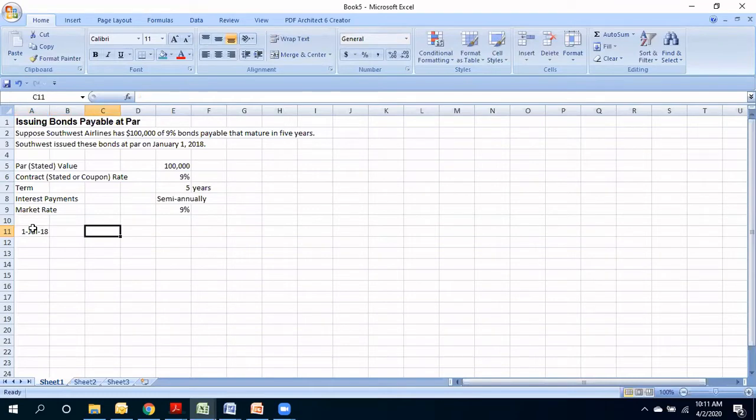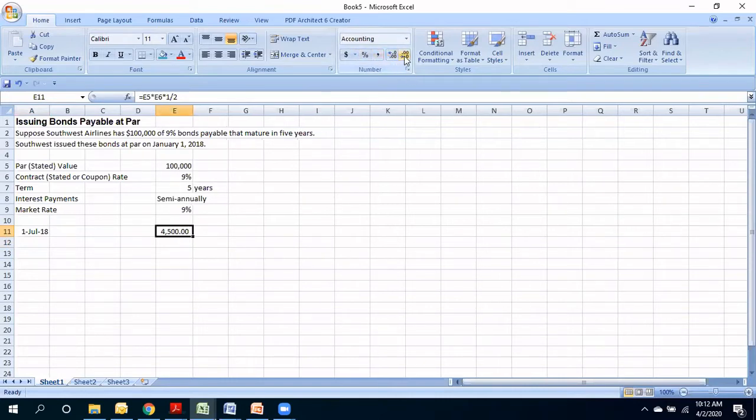And what is that interest payment going to be? It's the principal times the coupon rate times 1/2, $4,500.